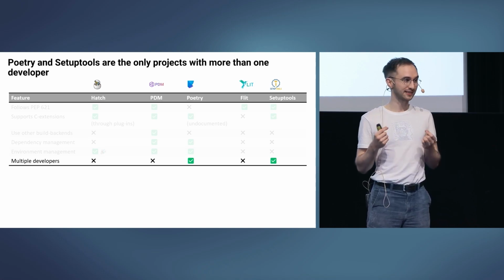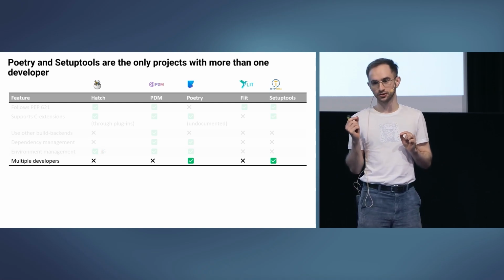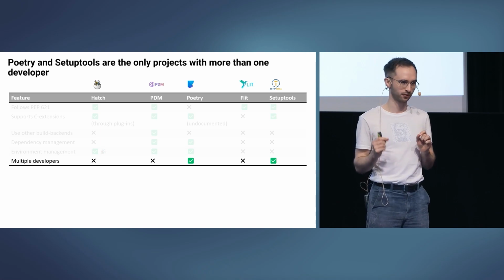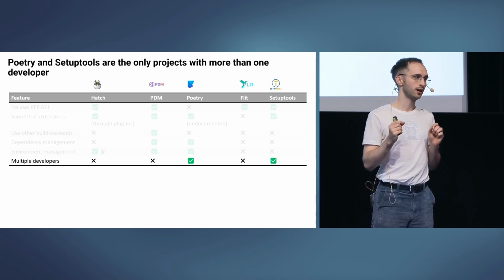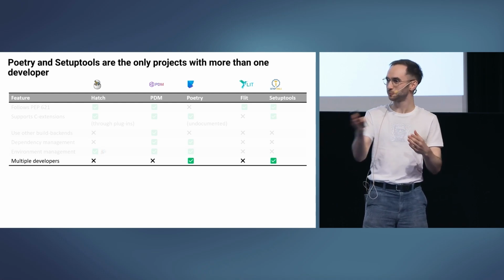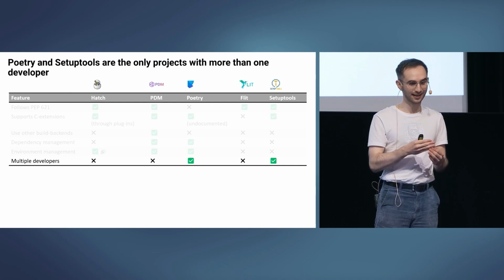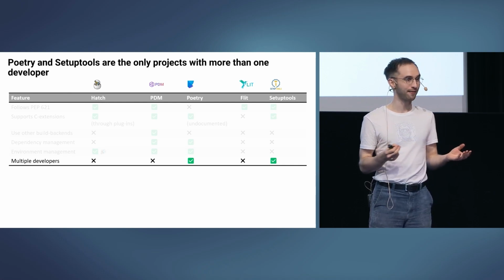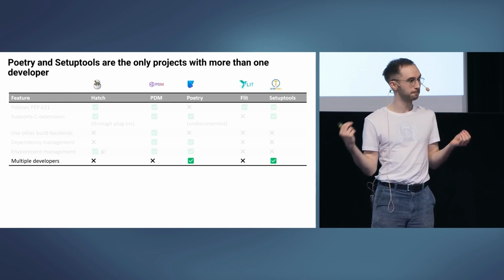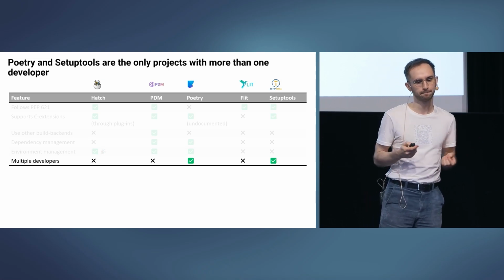Unfortunately, only Poetry and setuptools has, as far as I can tell, more than one developer who's contributed a significant number of code lines. Luckily, with the standard, it's very simple to switch between different standard compliant build systems, and especially if you have the separation of a build frontend and build backend that PDM has. You could switch one but not the other.